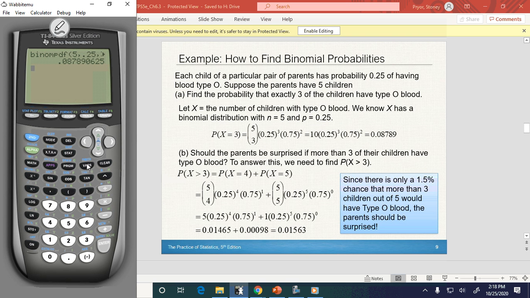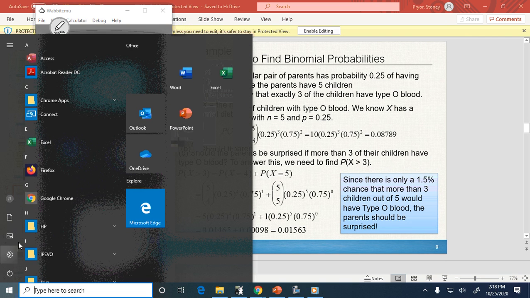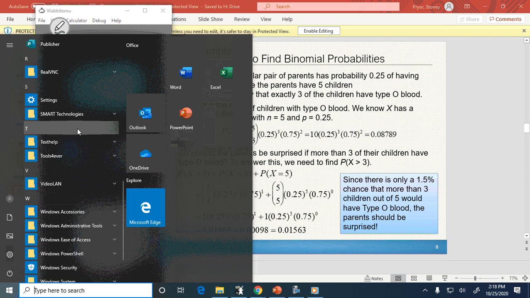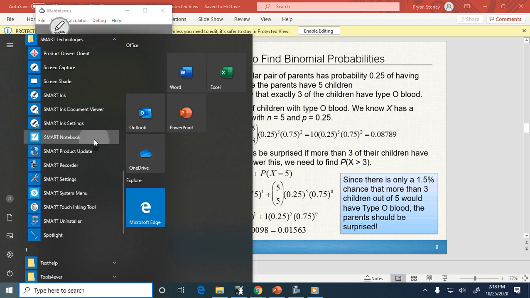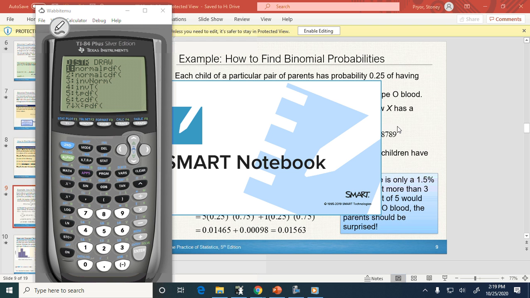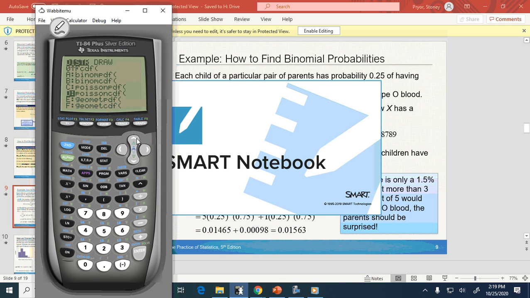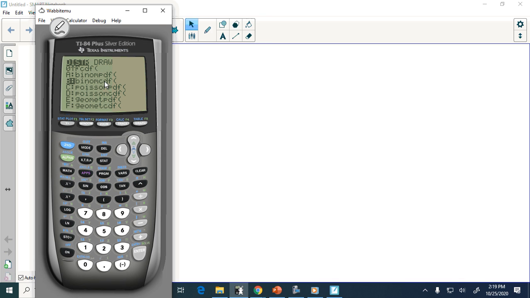Now with the CDF function, the CDF function is a little bit different, and the way I remember it is that the C kind of looks like a less than sign, and so the binomial CDF function always finds the area less than or equal to.